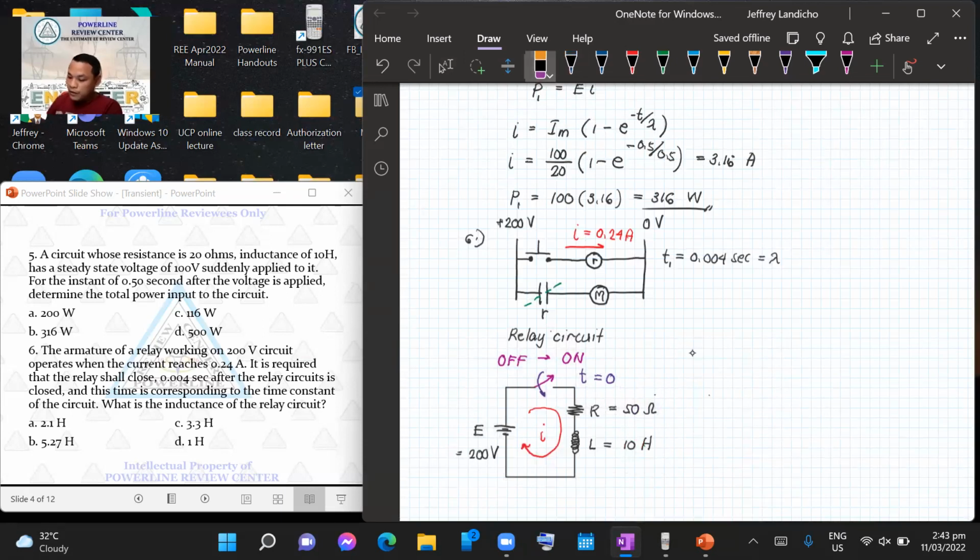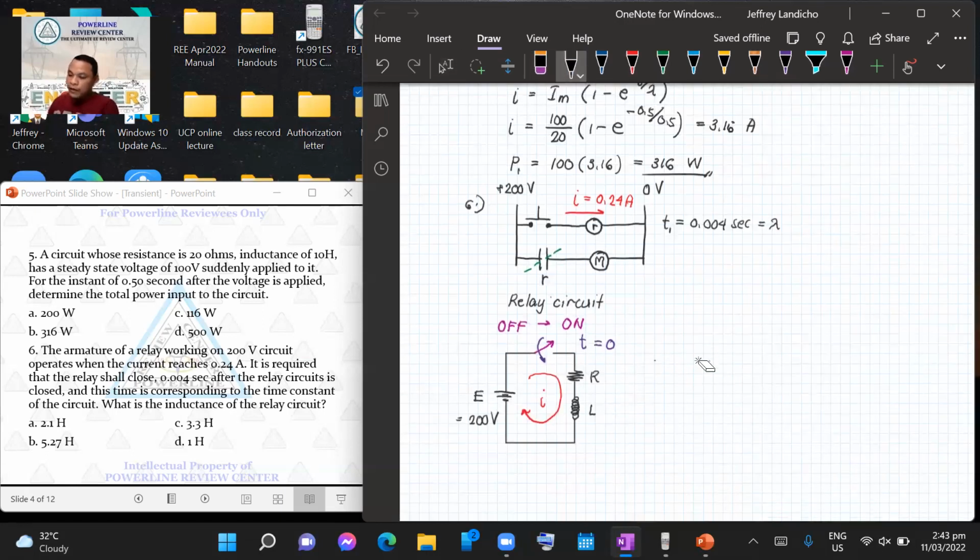We do not know the resistance, and there is no given inductance. Based on the problem, in order for this relay to activate and send a signal to the contactor to close, after 0.004 seconds the current should be 0.24 ampere. So what would be the inductance? Where do we get our inductance? L.